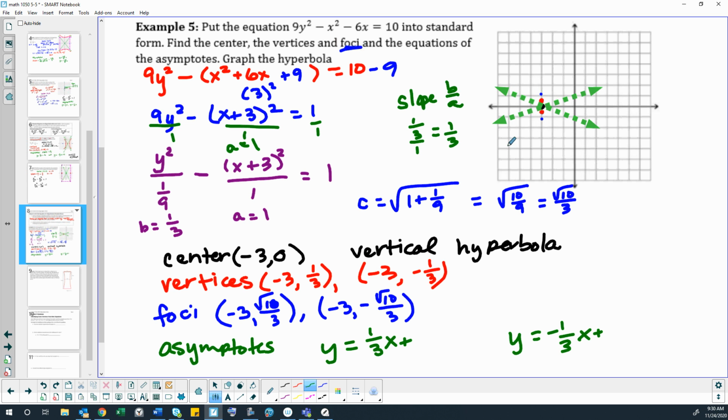So we've got a positive slope intercept of +1 and a negative slope intercept happens to be at -1. So there's our asymptotes. Okay, so we've got the vertices, the equations of the asymptotes, the foci, the center. We just need to sketch the graph. So the graph just follows the asymptotes. I didn't even draw in the guiding rectangle. Everything's a little bit too small here. But we've got the vertices and the asymptotes, so that's really all we need to be able to draw the graph.